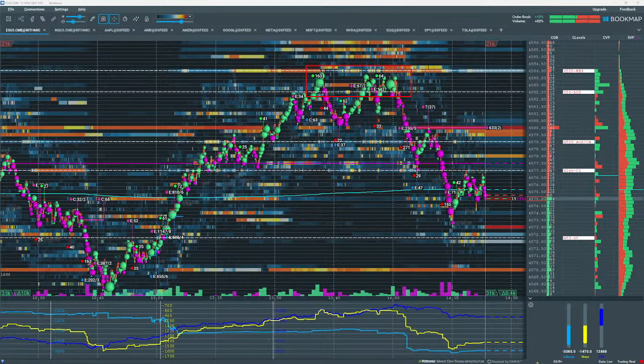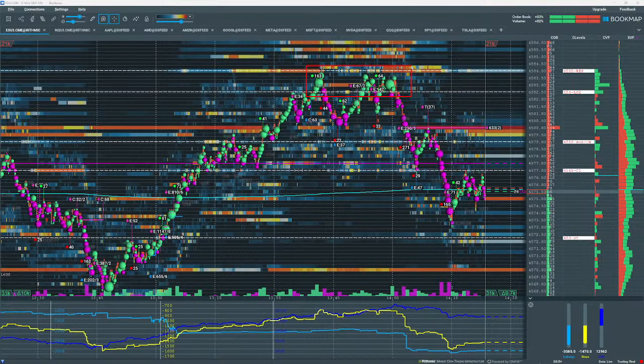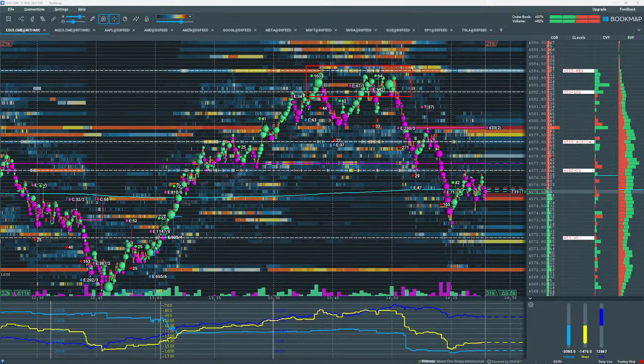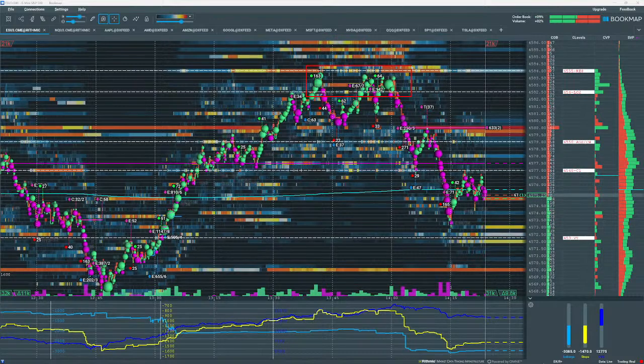And those two levels acting as resistance as options traders take their foot off the gas, stop buying, stop taking positive delta positions. And price starts to move lower, finding resistance at those levels.